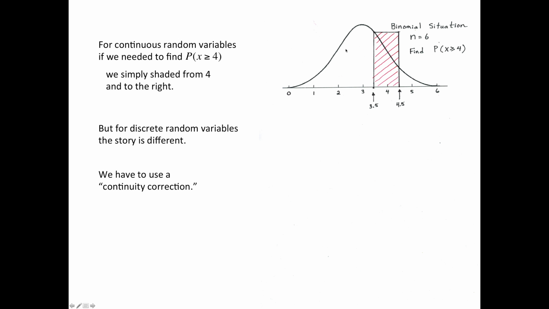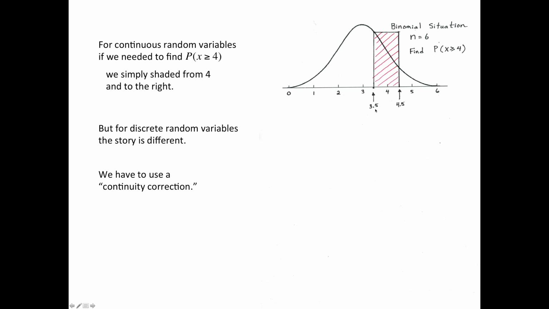In other words, the bell-shaped curve is continuous. The bars, which are found by doing the binomial formula, are discrete, and we need a correction so that we can use a bell-shaped curve for these bars. This is not a great example, it doesn't fit that great, but when they fit very well, then we need this continuity correction of 3.5 or 4.5.